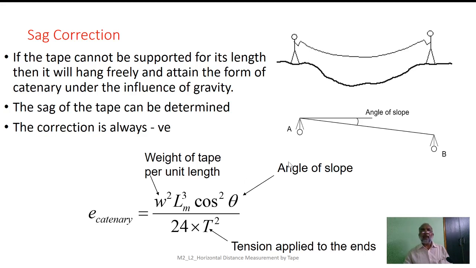Here, if the two stations are placed at different levels, their relative inclination can be determined as theta, and this sag error can be worked out as W square l n(q) cos square theta divided by 24 t square. Here the expression can be referred to with the elaborations given here.